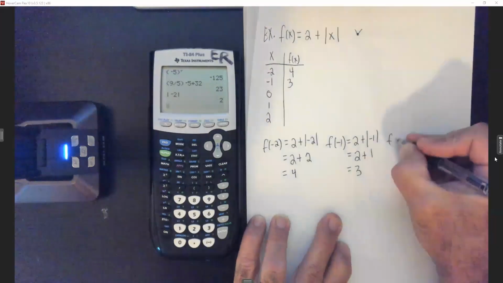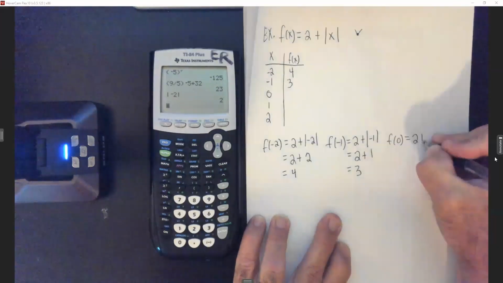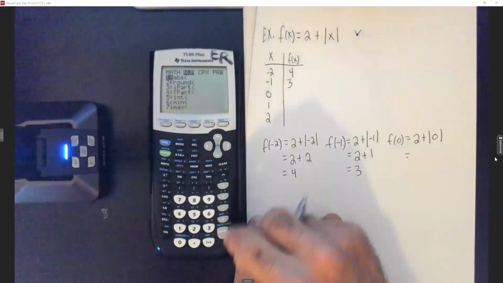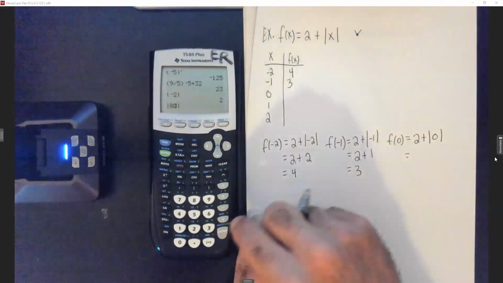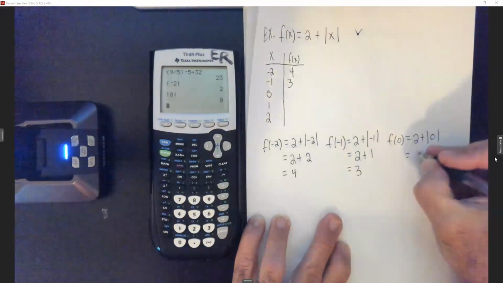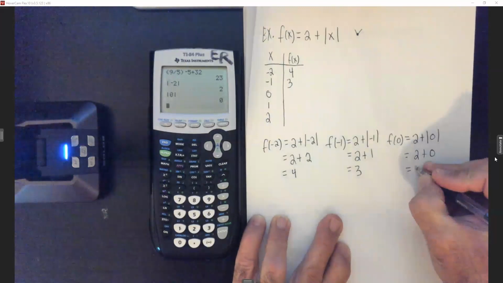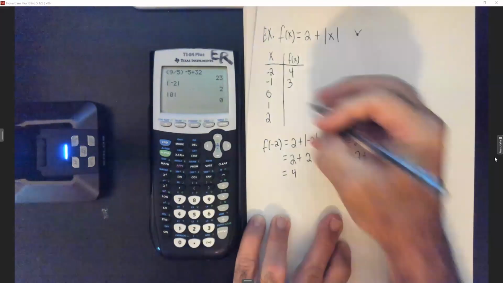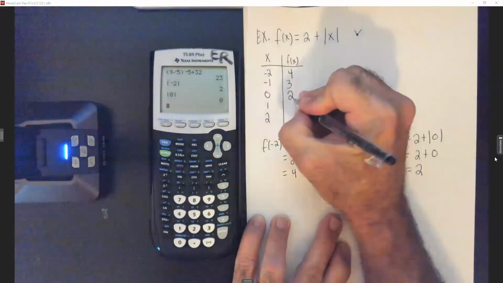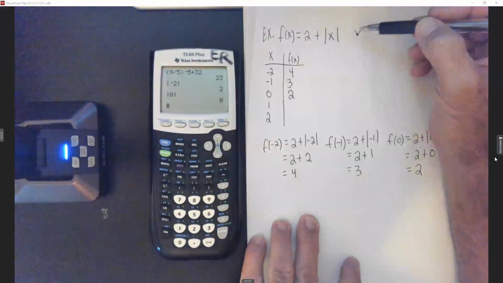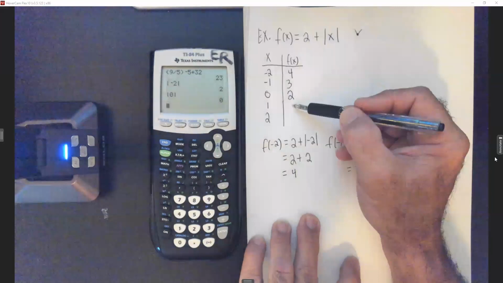That's going to be 2 plus absolute value of 0. And y'all watch this: the absolute value of 0 is 0. So I get 2 plus 0, and 2 plus 0 is 2.